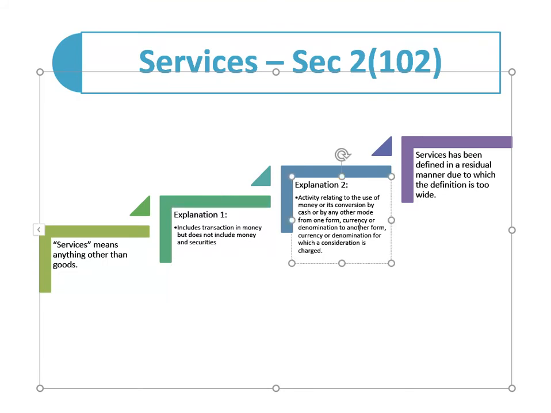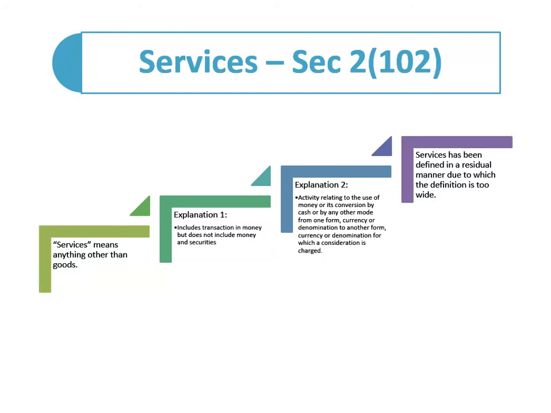Activities relating to the use of money or its conversion by cash or any other mode from one form, currency or denomination to another form, currency or denomination for which consideration is charged. It includes as a part of service. Now, service has been defined in a residual manner due to which the definition is too wide. So, simple as that, anything other than goods is your service.